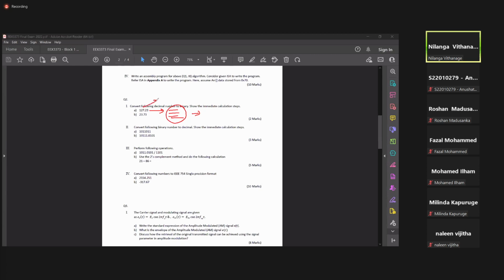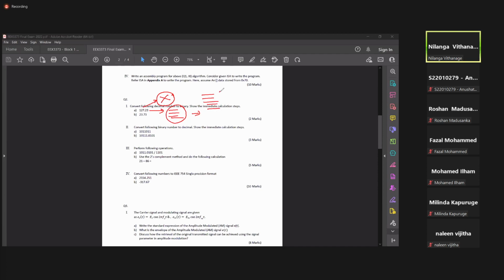Sometimes you can get the answers using calculators, at least part of the question answers, but we are not giving any mark to the final answer alone. You have to mention all the intermediate steps, otherwise we may not be able to give marks, right?